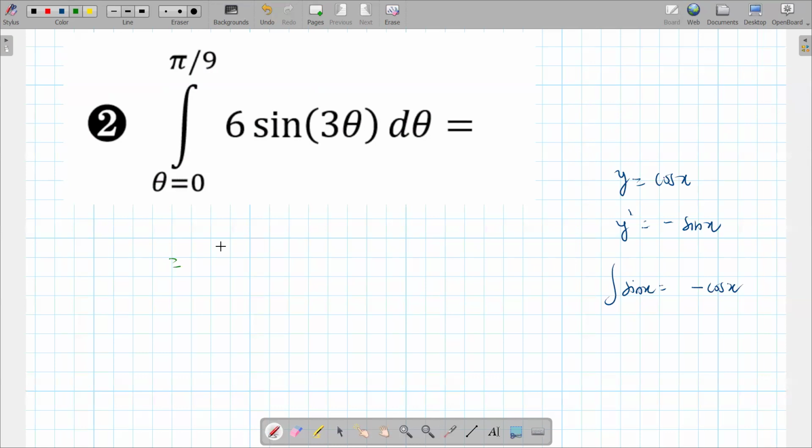And the idea is sine becomes negative cosine. So it's 6 negative cosine of 3. We can put the negative sign on the outside as well. Yeah, so negative 6 cosine 3 theta. But now the chain rule. What do we multiply or divide this by?